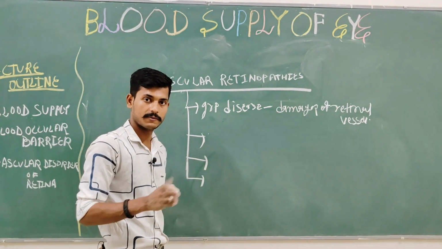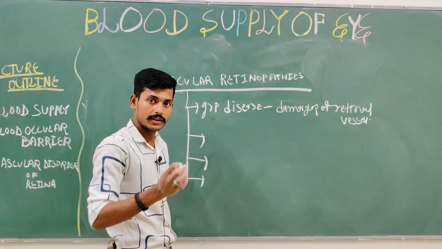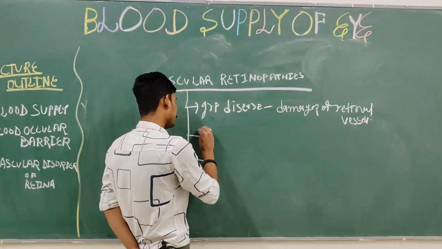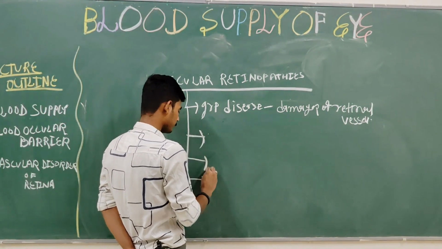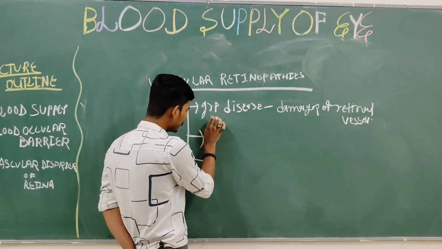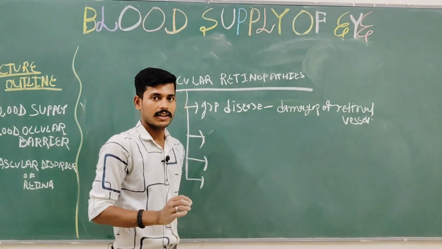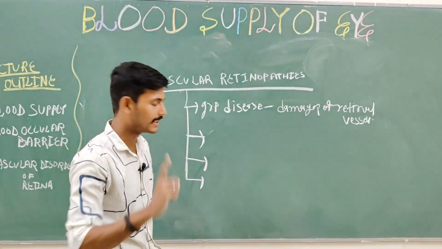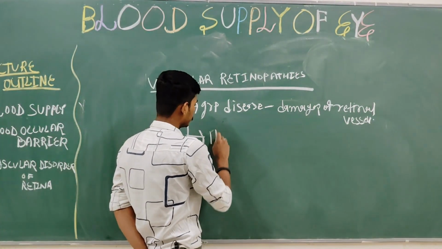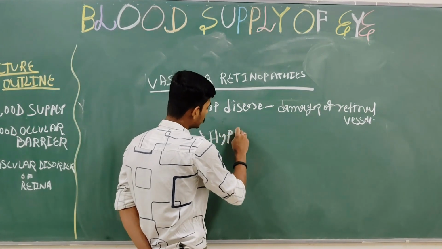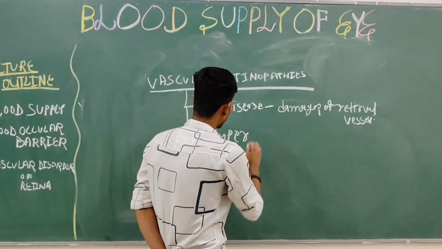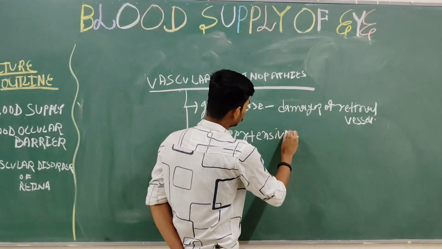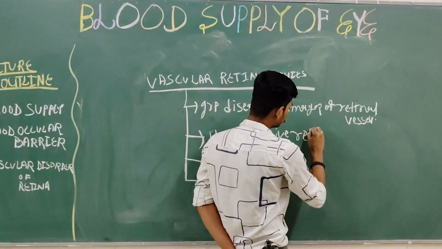Their eyes look a bit different, especially if they are chronic patients. The first category of disease closely related to vascular retinopathies is hypertension, or the hypertensive retinopathy.